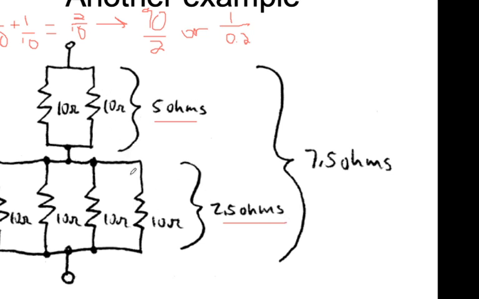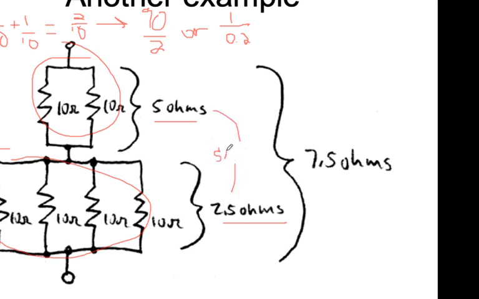So this section provides 2.5 ohms of resistance, but it's in series with this other set of 5 ohms in parallel. So we add those two together because these two are in series.